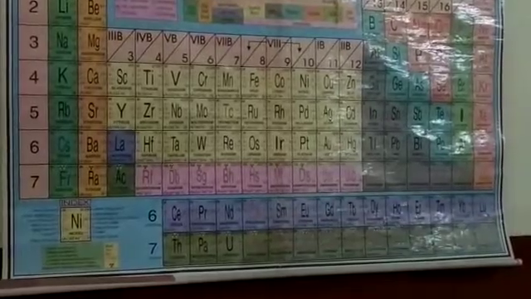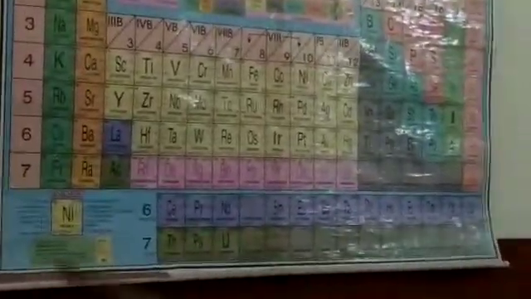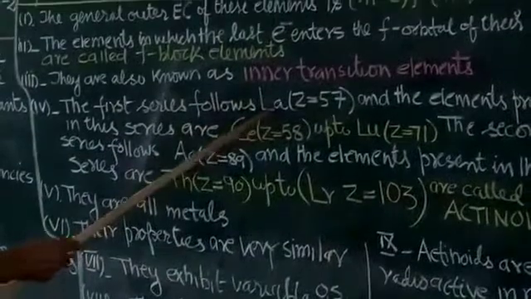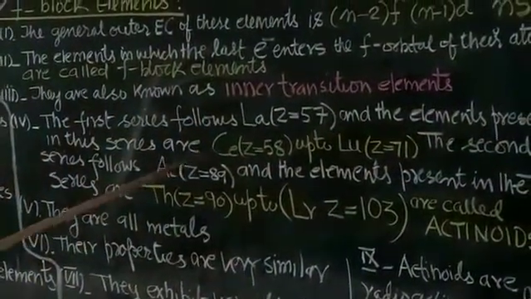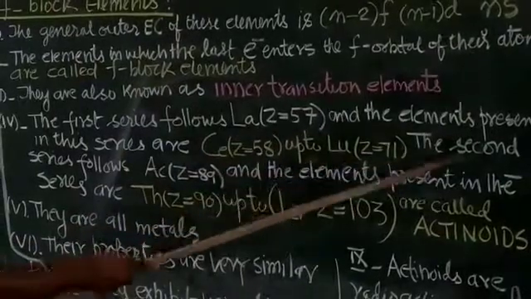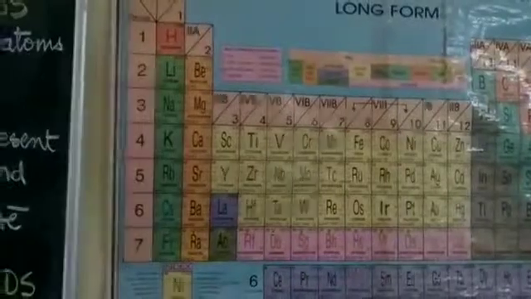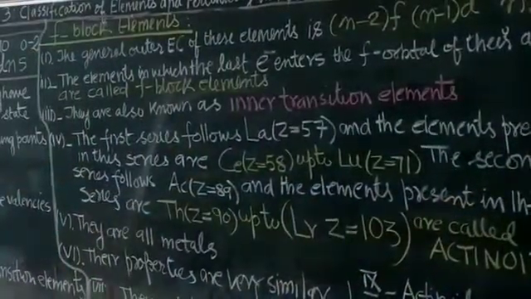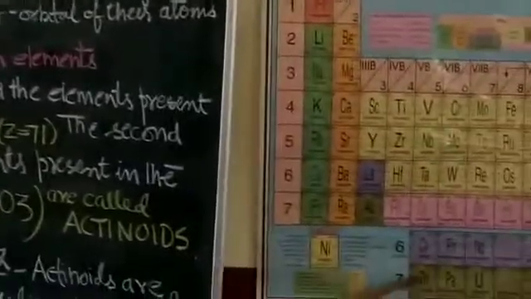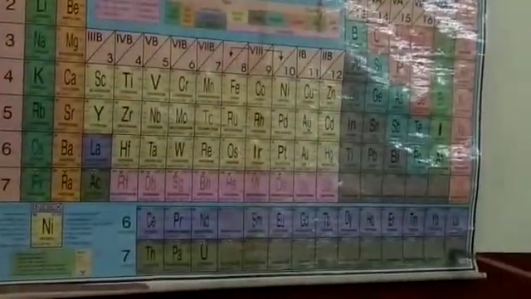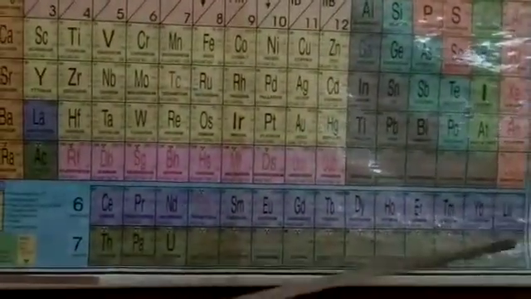Now the second series follows actinium, Z equal to 89, and the elements present in the series are from thorium, Z equal to 90, ending up to lawrencium, 103. And these are called actinoids.